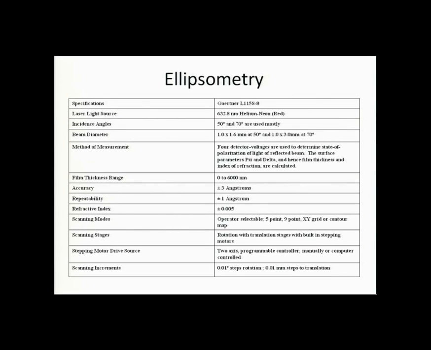That's about it. If you want to know more, you can pause the video and read more, but those are the highlights. Then, if you're interested, the laser light source on this one is a 630 nanometer helium neon red laser.